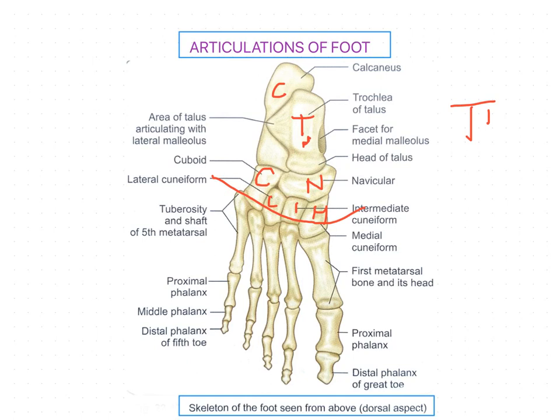The talus, along with the lower ends of the tibia and fibula, forms the ankle joint, and on its inferior aspect the talus articulates with the calcaneum. The calcaneum is the largest tarsal bone, and it forms the heel of the foot.